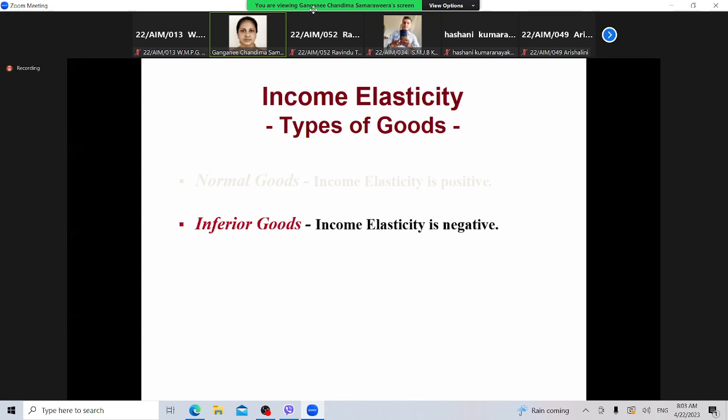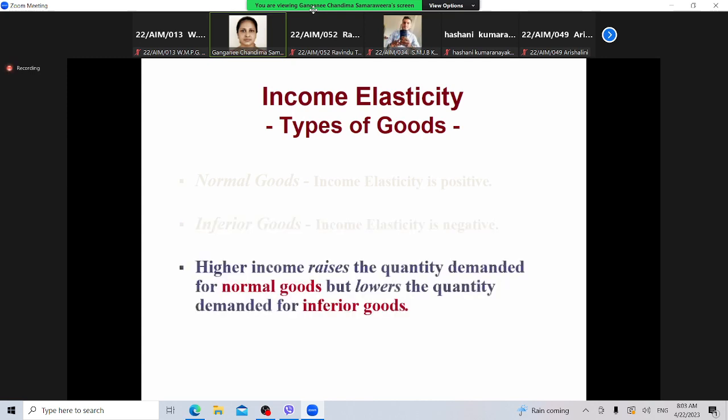I'll do some revision calculations also later on. Then we can calculate these with values, and you can understand what is a normal good based on your answer and what is an inferior good based on your answer.